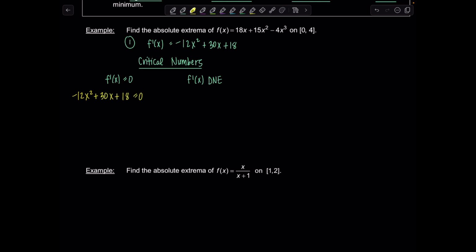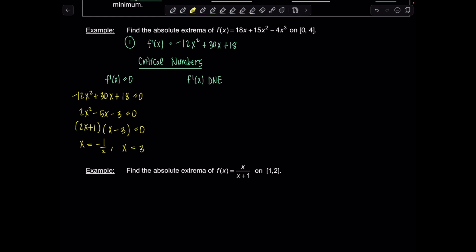I want to see if it's going to factor, but before I do that, I can divide everybody by negative 6, yes? Okay, so then we have 2x squared minus 5x minus 3 is 0. This is going to factor indeed: 2x plus 1, x minus 3. So I get x equals negative 1/2 and x equals 3.